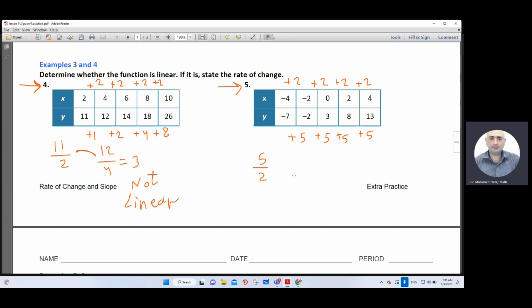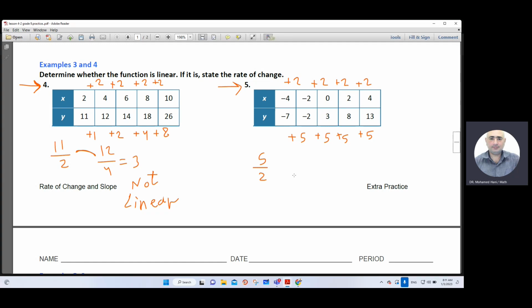How do we find the rate of change, the change in y over the change in x?